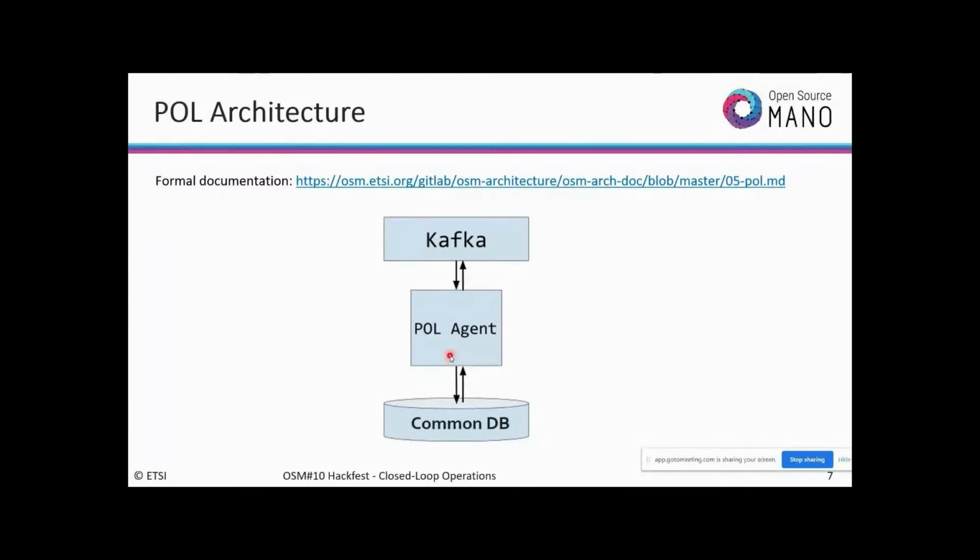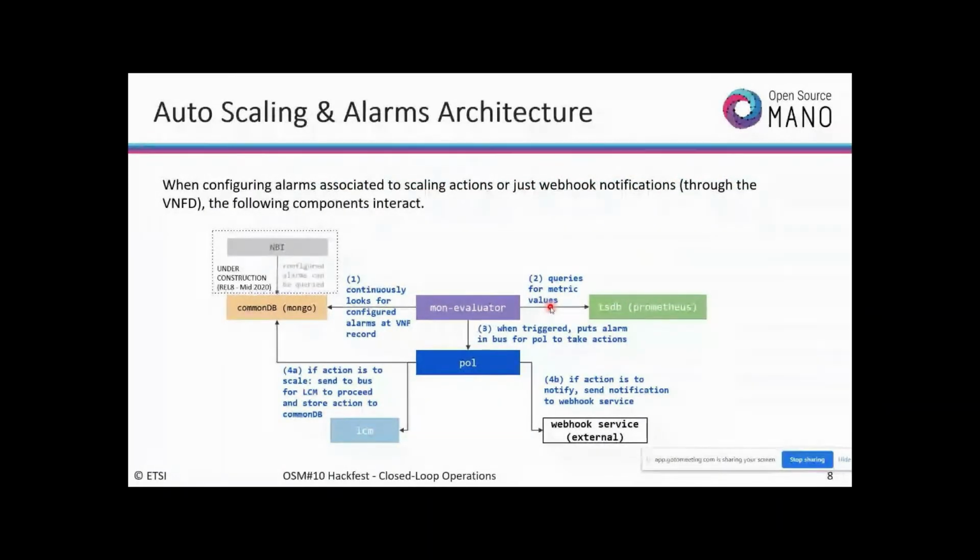so how do we define this? For defining the scaling policies or the alerting policies, we have to define it in the VNF descriptor of that particular VNF. For example, in the Magma VNF, you will define a new scaling policy and a scaling criteria, in which you will define a few things like the scale out relation, what the scale out policy is, and what the threshold is.